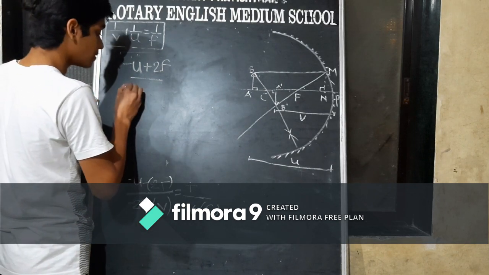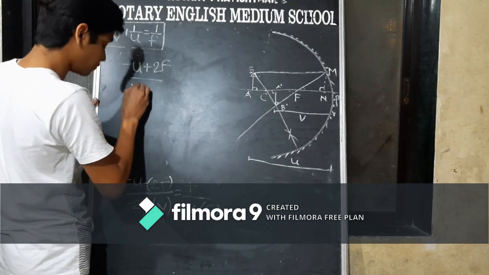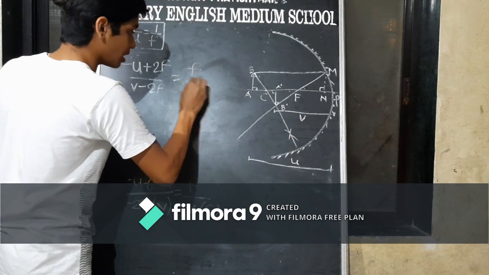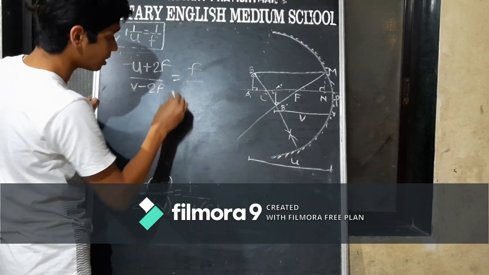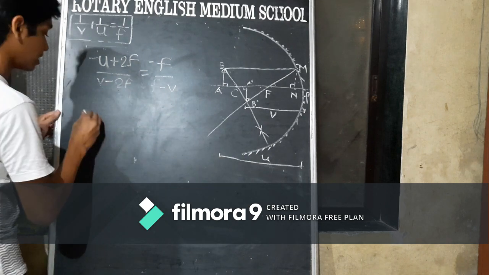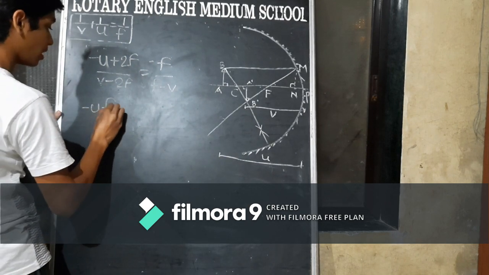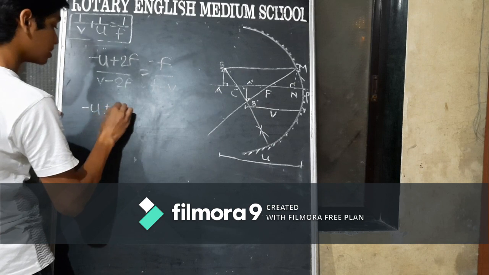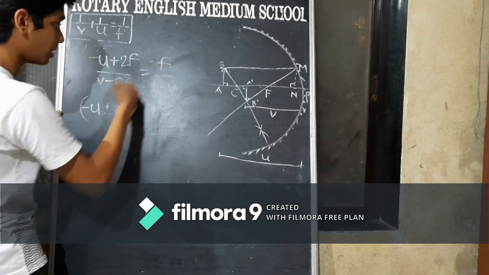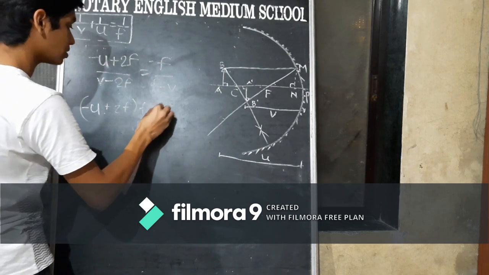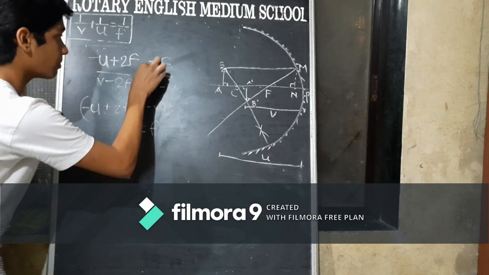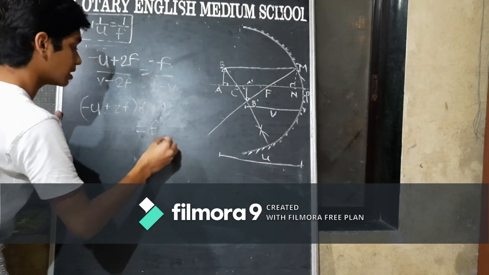Minus of minus V is V, so V minus 2f equals f upon minus of minus f, which is positive f minus V. So let's evaluate this: minus U plus 2f, cross multiply, into f minus V equals minus f into V minus 2f.